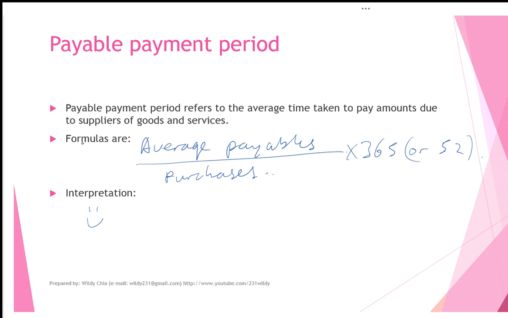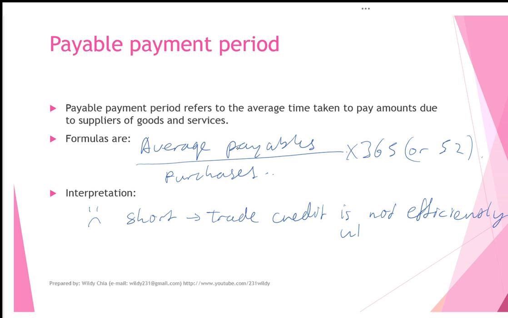A short collection period or a short payment period is generally not a very good thing, right? So if you take too little time to pay up suppliers, it's bad because it means that trade credit is not efficiently utilized, right?